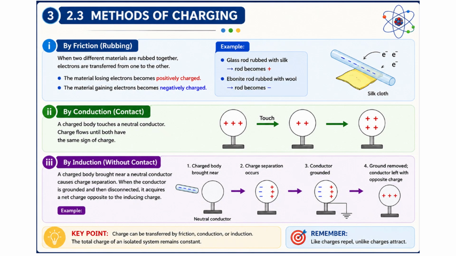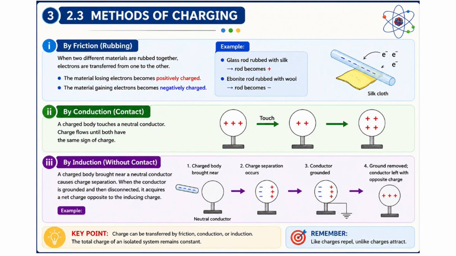Okay, so in summary, you have to remember that charge can be transferred via friction, conduction, or induction. But throughout any of these processes, the total charge of an isolated system remains absolutely constant. We are only redistributing what is already there.